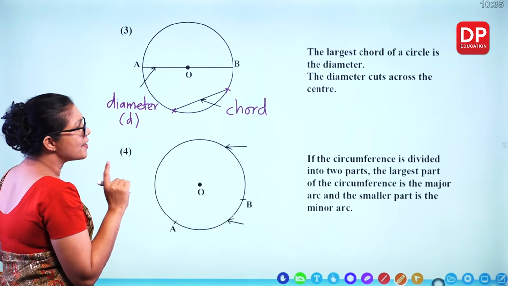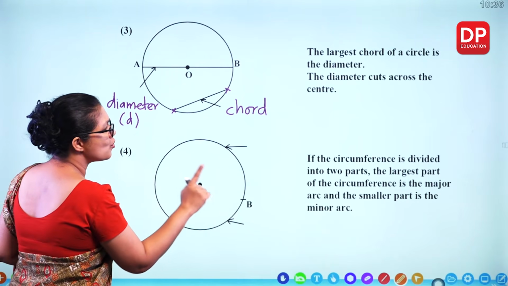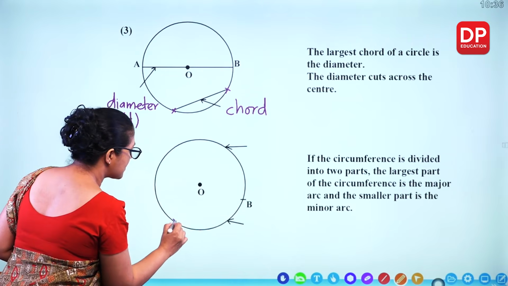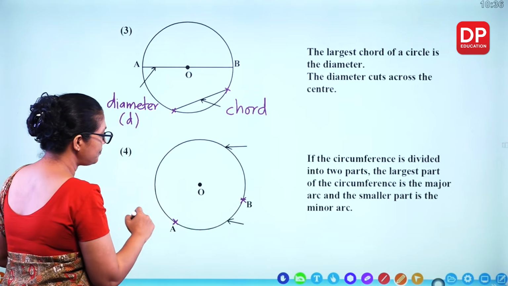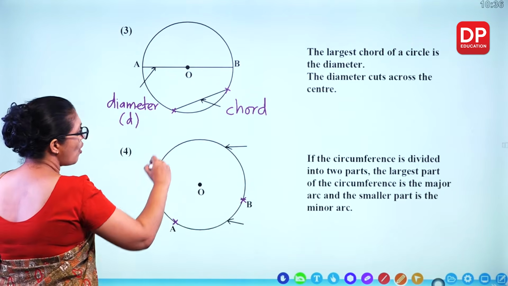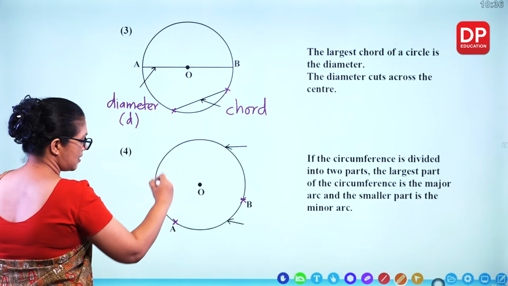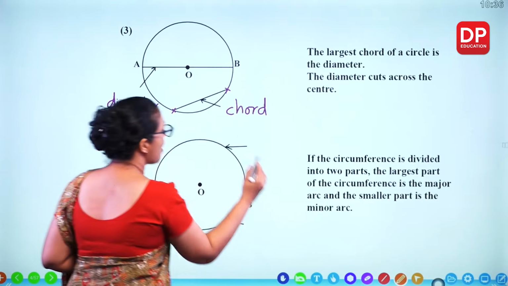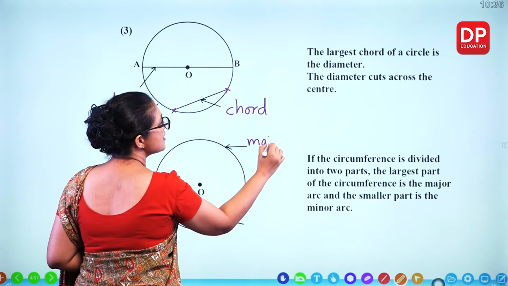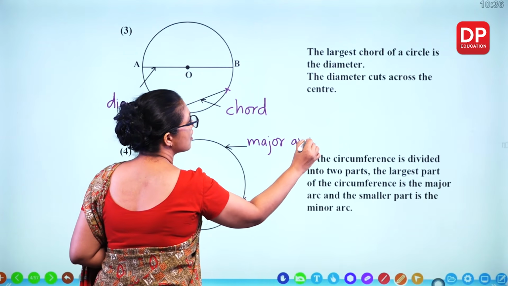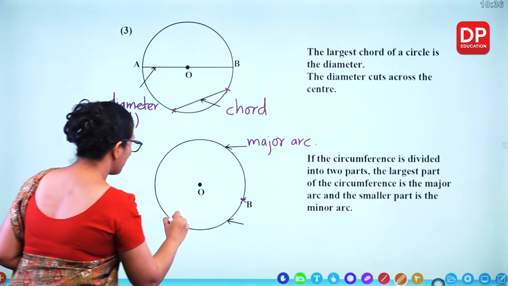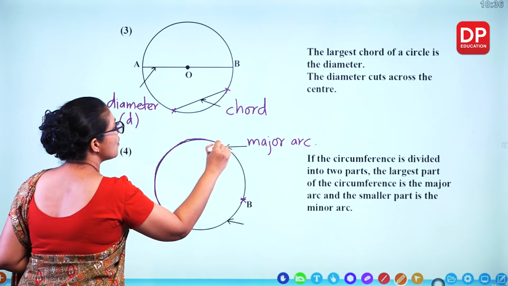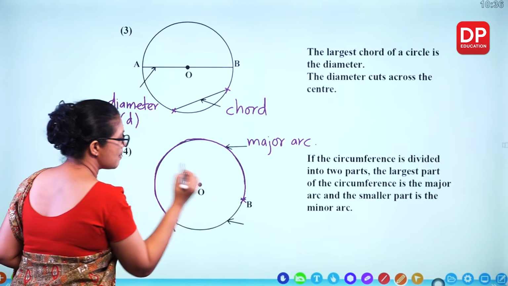If the circumference is divided into 2 parts with this chord, what do you call the bigger part? We call that the major arc. So if I draw that one, from here to here, that's the major arc.